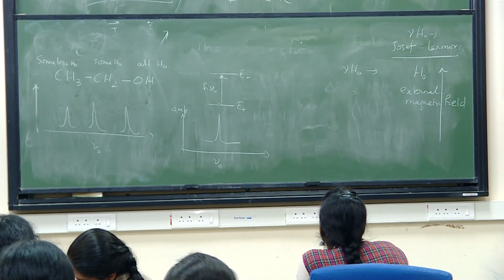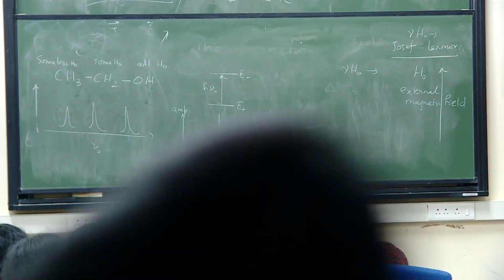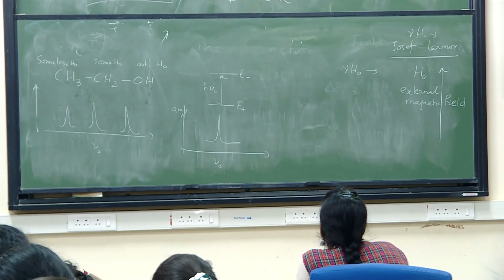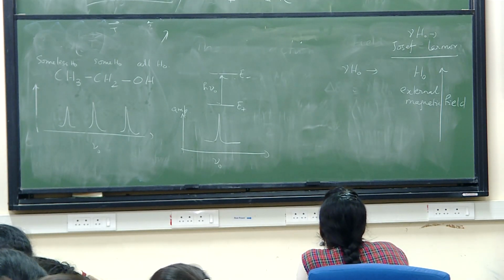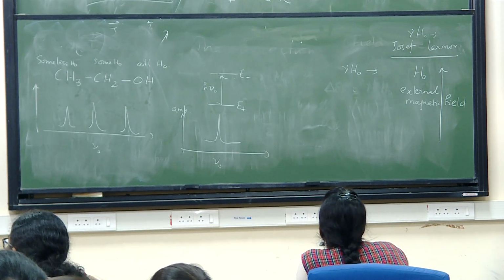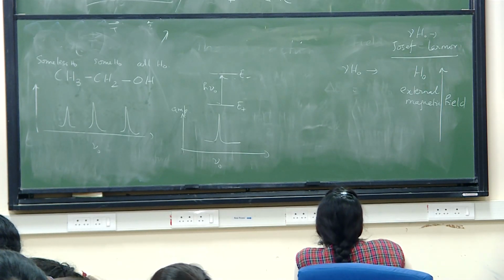Therefore, each proton sees a different magnetic field because its chemical surroundings make sure that the electron density compensates for some of the external magnetic field.